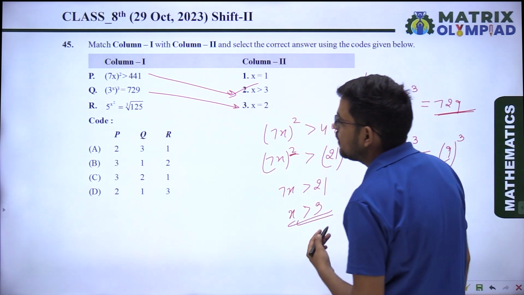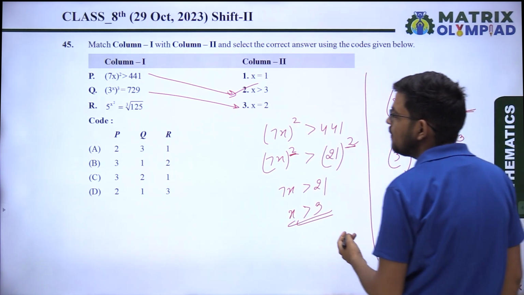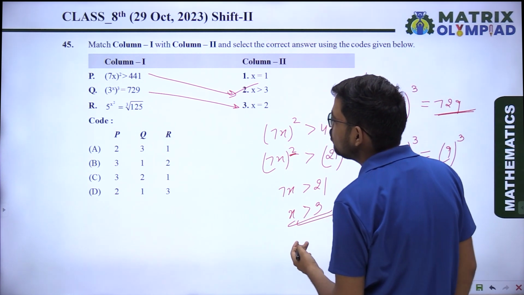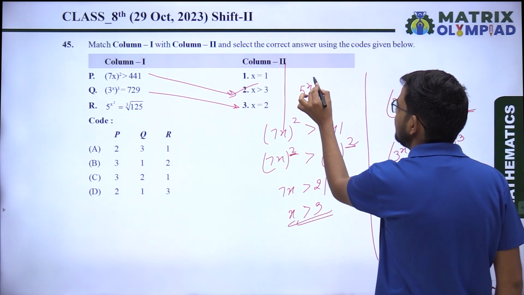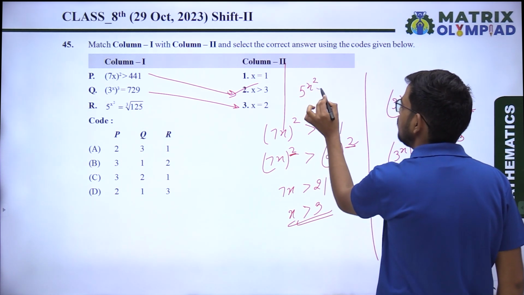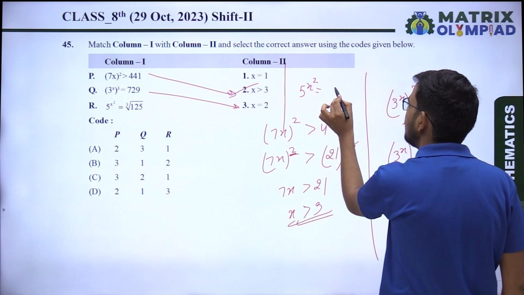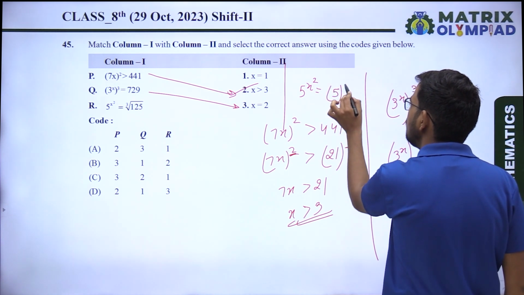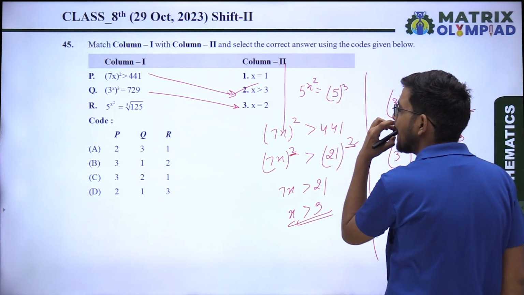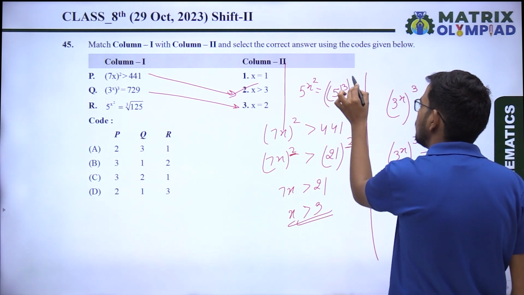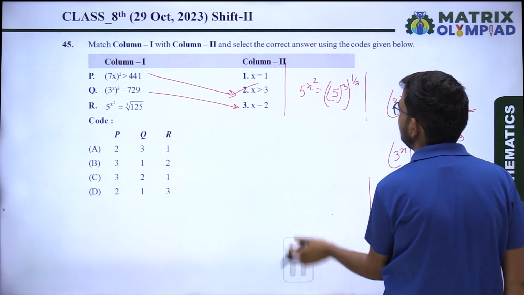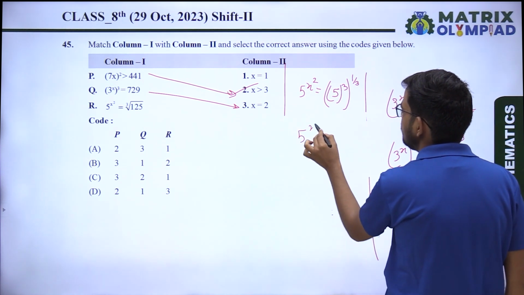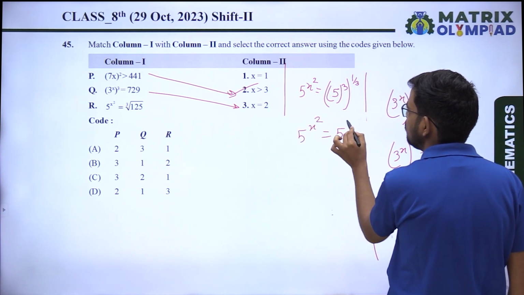In R, 5 raised to power x squared equals the cube root of 125. The cube root of 125 means 125 to the power 1 upon 3, which is 5 cubed to the power 1 upon 3. When we simplify it, we get 5 raised to power x squared equals 5 raised to power 1.